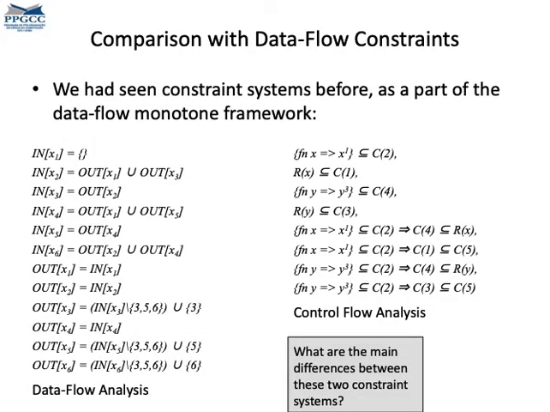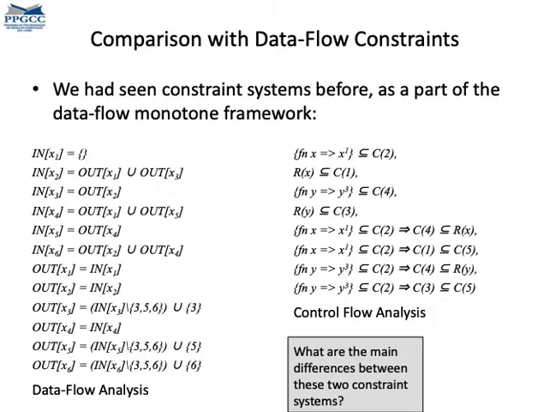Before we move on, I would like just to make a parallel with the constraints that we had seen for data flow analysis in the previous classes. All these analyses, be it data flow, be it constraint-based control flow, are actually based on constraints. In a way, we are generating constraints for the program and then solving those constraints. If we generate constraints, we can imagine that we can simply forget the program and focus on the constraints.